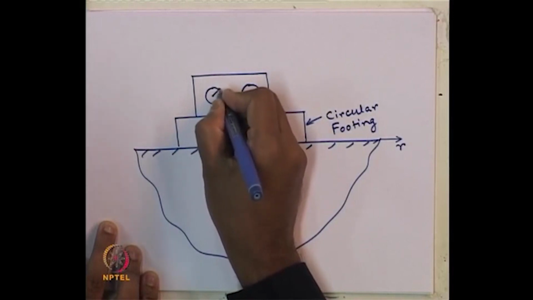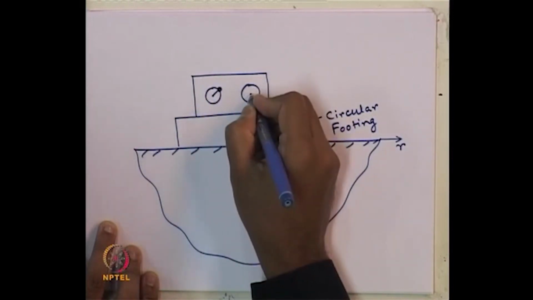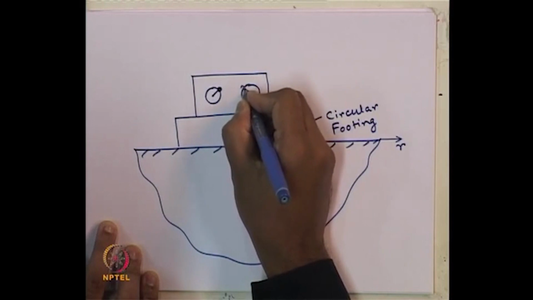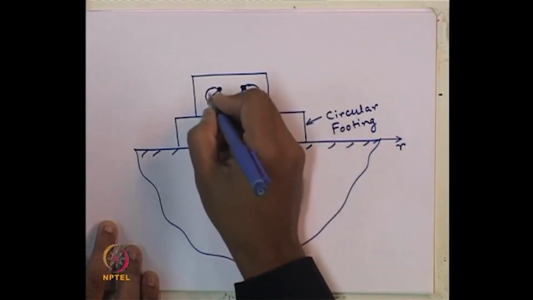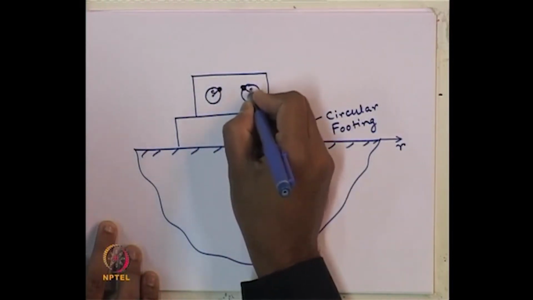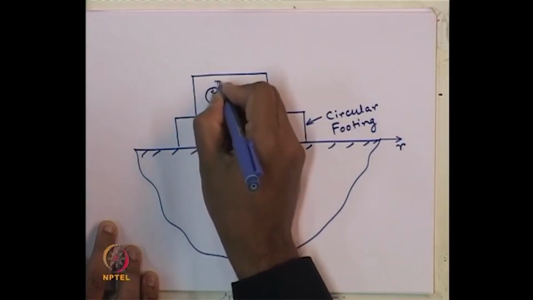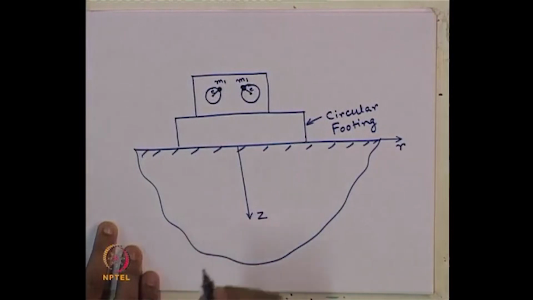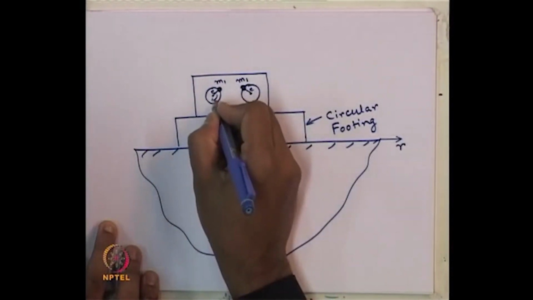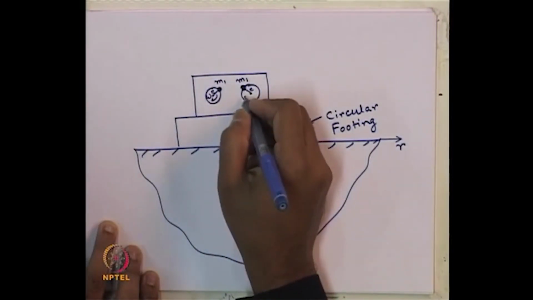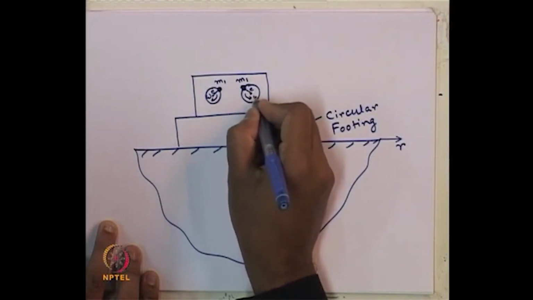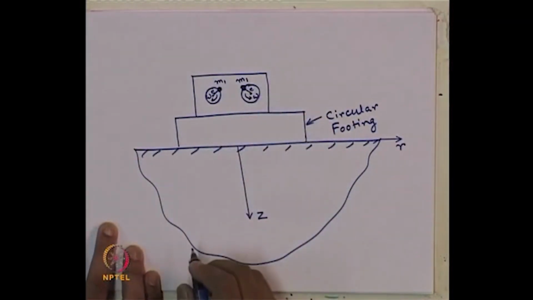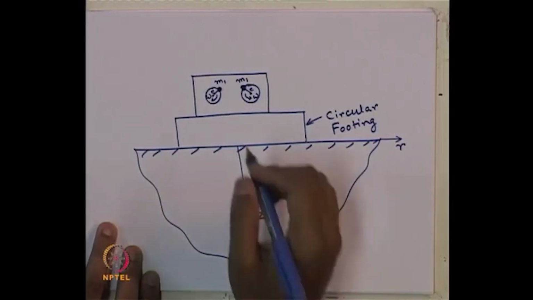It can be anything, as you know, either constant force type or rotating mass type. Let us say we are considering rotating mass type with e as eccentricity, m1 as the mass of the eccentric mass, and the frequency with which it is rotating is omega.